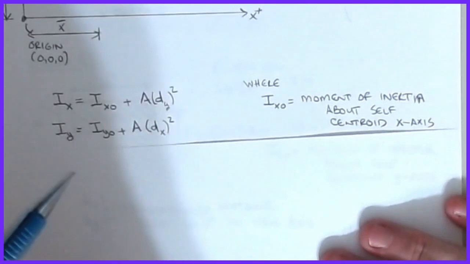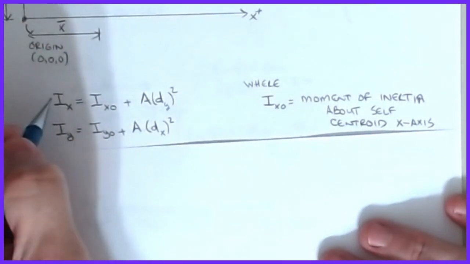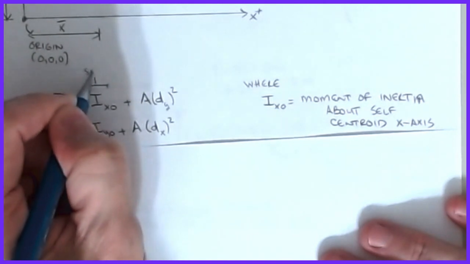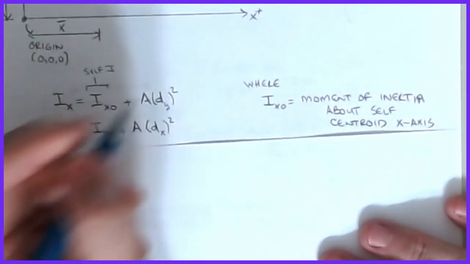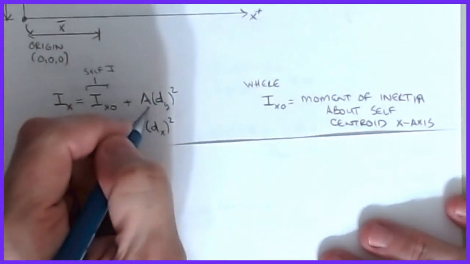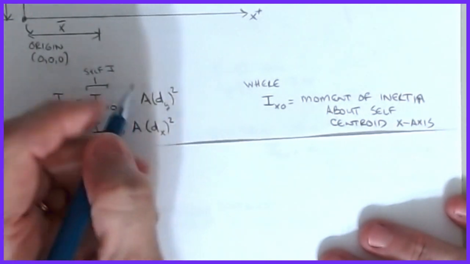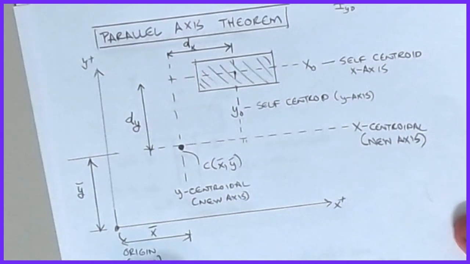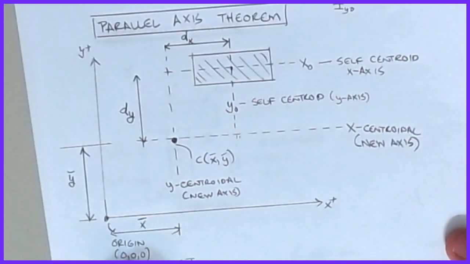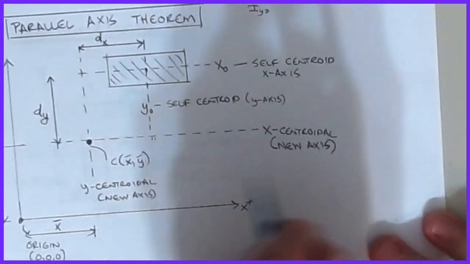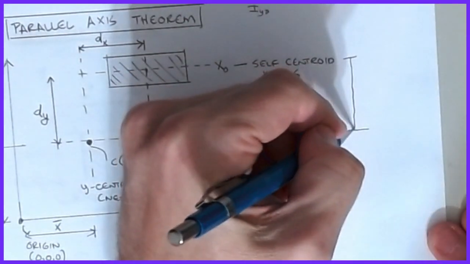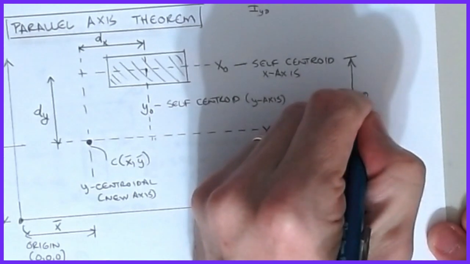The moment of inertia Ix using the parallel axis theorem is Ix naught, so this is its self I value, plus the area of the region that you're talking about multiplied by this distance dy squared. In our case, we're going to define dy as the distance in the y direction from here to here.